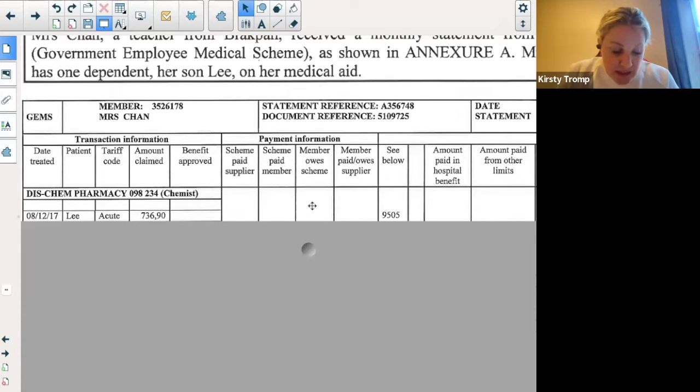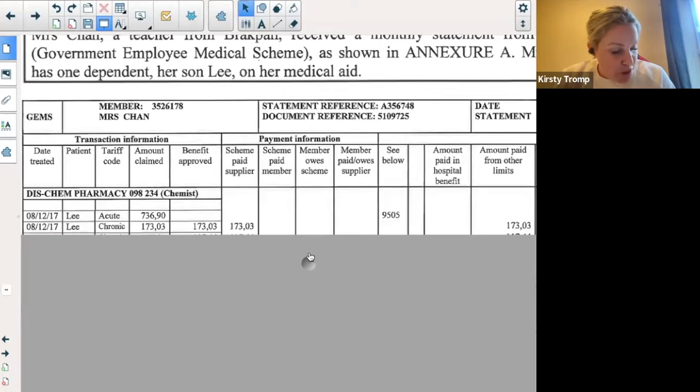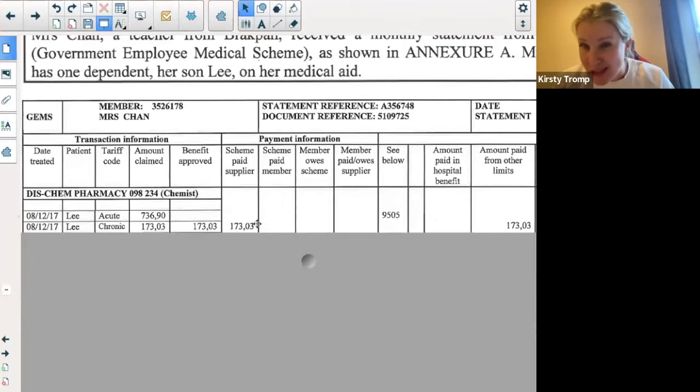It didn't say anything that the member owes the scheme, but it does say that there was a number code there, which we're going to go back and have a look at just now. For this next one, it said that the scheme, and the scheme is Gems, they paid the actual supplier. Who is the supplier? The supplier was Dis-Chem. All right.